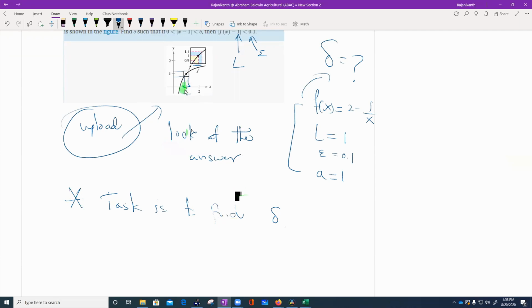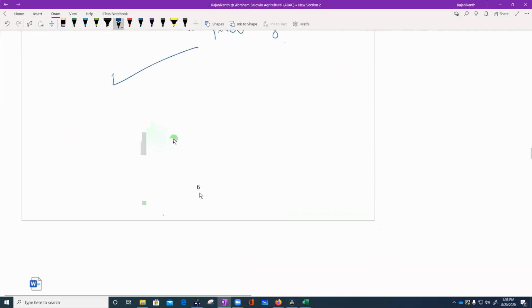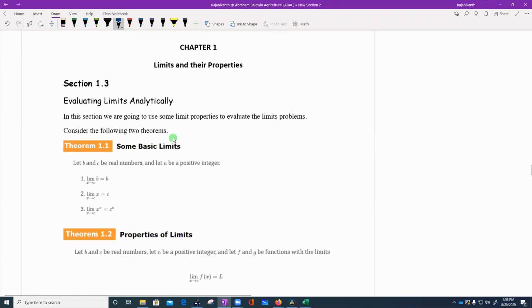For that reason, you need to find these two x values, just below, just left and just right to this point 1. So this will be done in my lecture now. After that, make sure that you understand that.